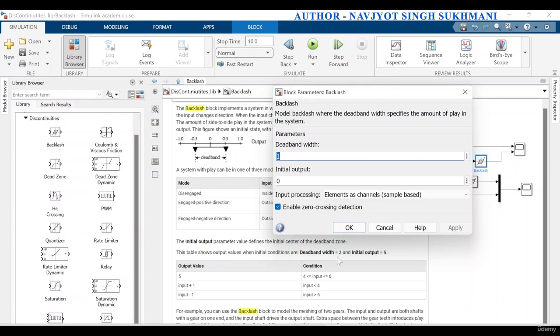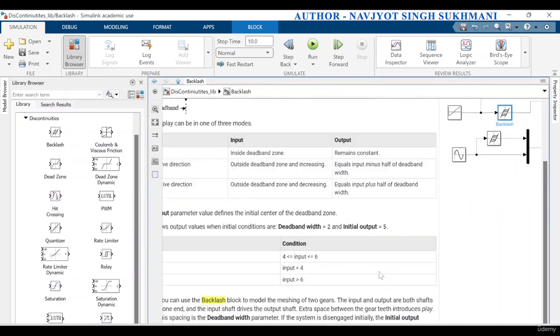If my dead width is 2, you can see this is the width, minus 5 to 5, so this width is complete. In that scenario the width is input plus 1, input minus 1. The initial condition is 0, it's given here. If I change the initial condition, then it will also change.